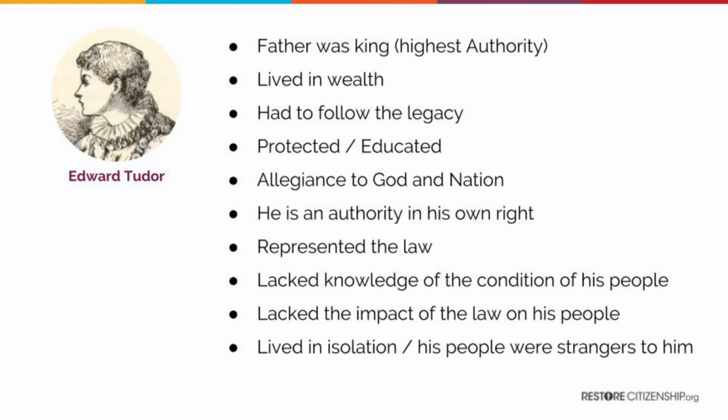So, again, Tom lived in isolation. His people were strangers to him. And that is what we have nowadays. We have a government in isolation, centralized, and the people are aliens to them.